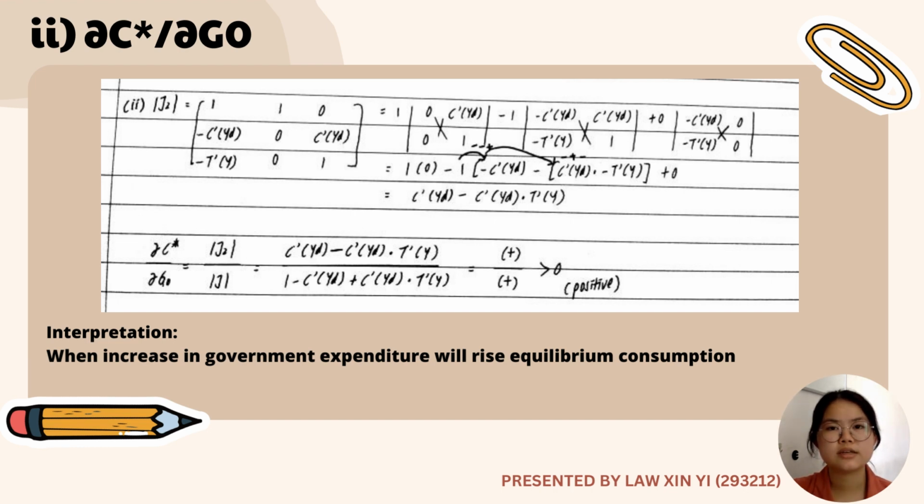So as a result, the answer we obtain between c* and g is a positive relationship. This means that when government expenditure is increased, the equilibrium level of consumption will also increase.